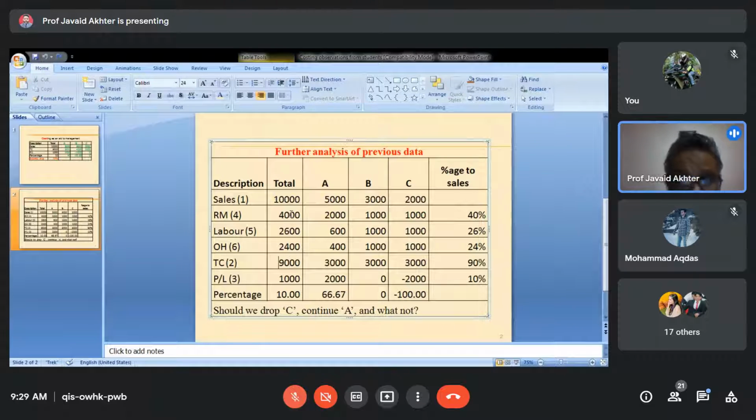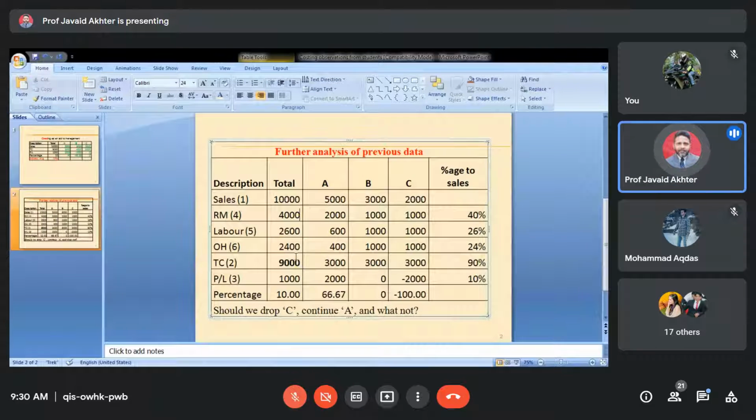Your total cost is 9,000: 4 plus 2, 6 plus 2, 8, and 1, 9. So this part is correct. Now, if you are spending 4,000 on raw material, in all it is 40% of total sales revenue. It is 26% of total sales revenue. I have written here.